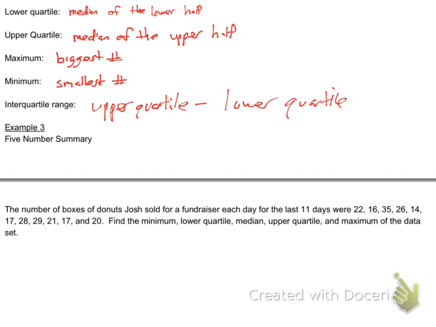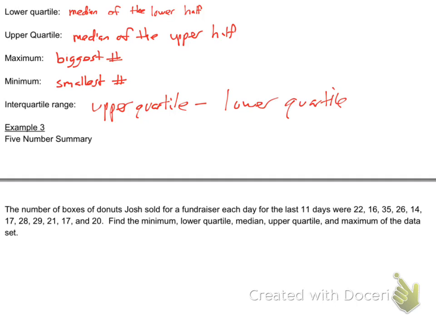If you can find these 5 things, you can make a box and whisker plot tomorrow. Easy peasy. Now, obviously, this is all hinging on the numbers being in order. So, that is the first thing you shall do.